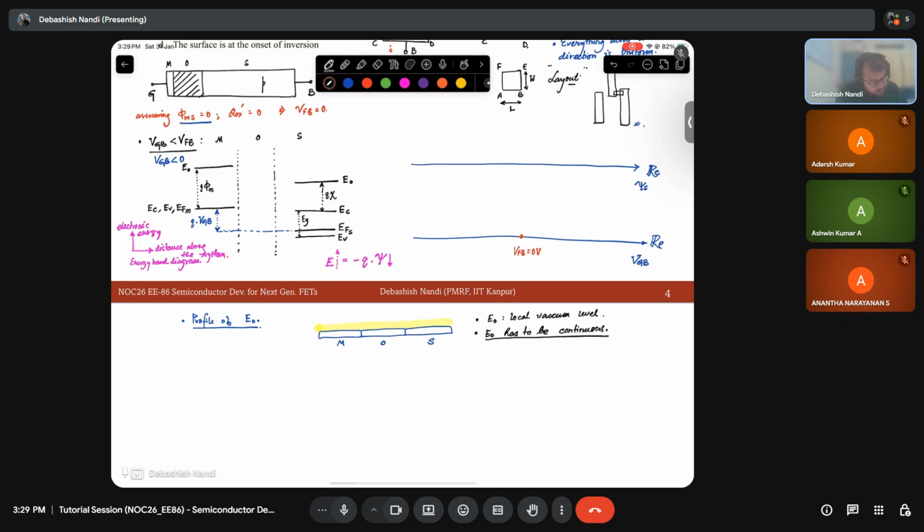Why so? Because you know what is your electric field. Electric field is minus d psi by dx. This d psi I can write as minus E0, some reference energy, let's say, divided by q.